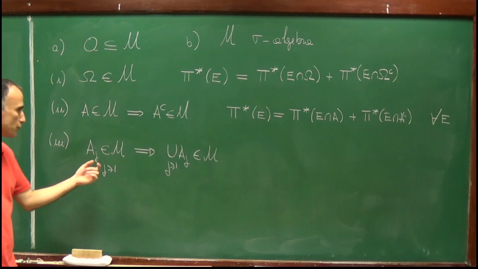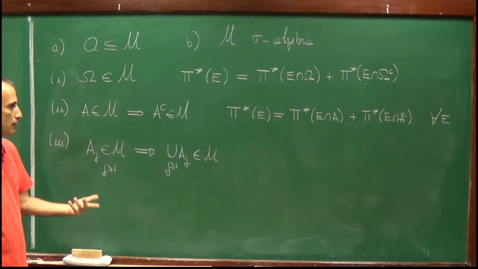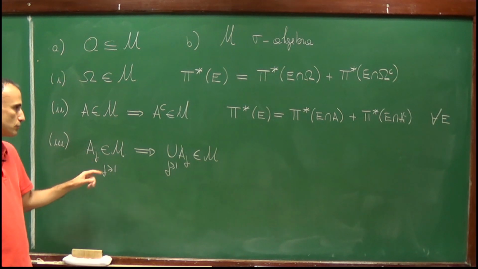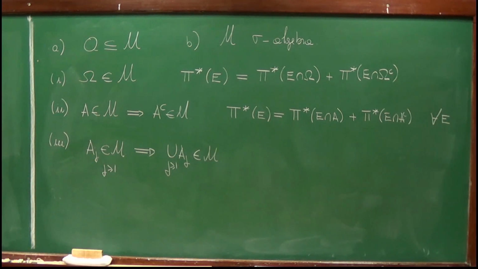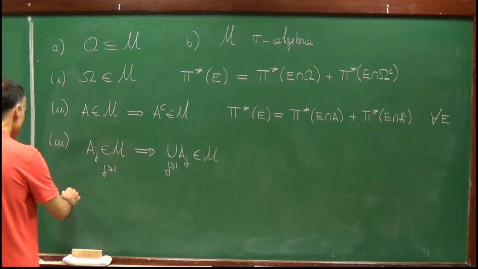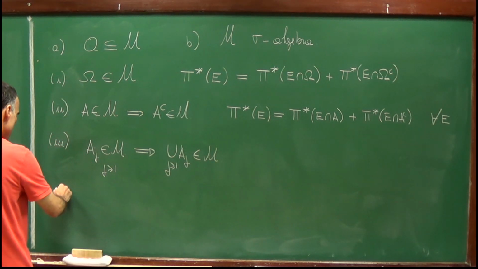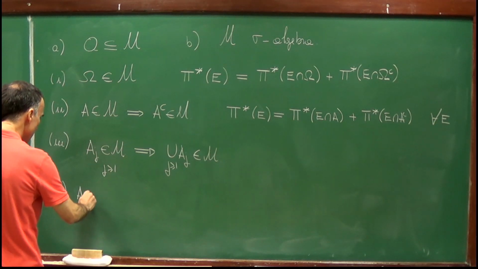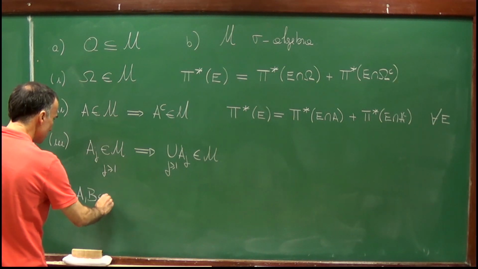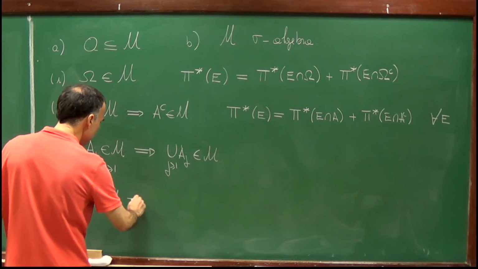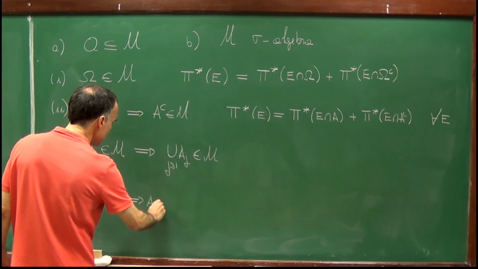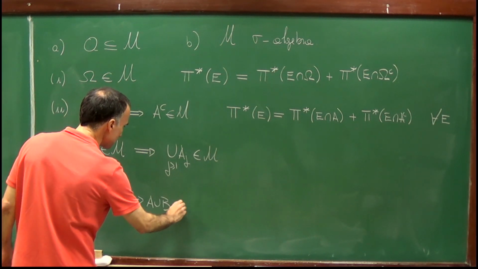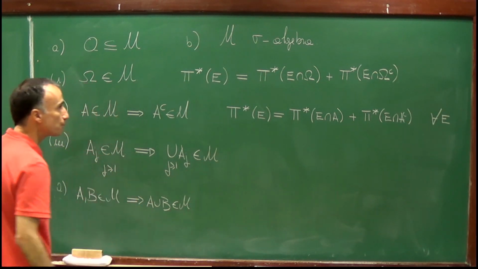We will first show that M is closed by finite unions, and then we will show that M is closed by countable unions. So let's first show that if A and B belong to M, then A union B belongs to M.